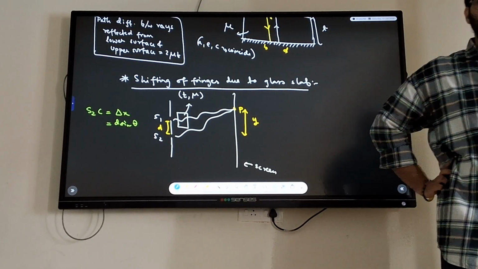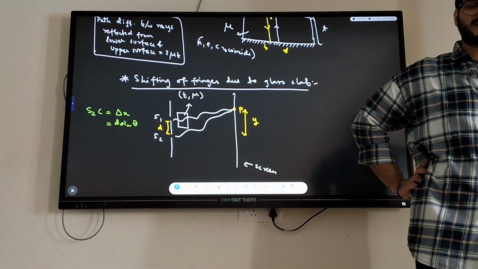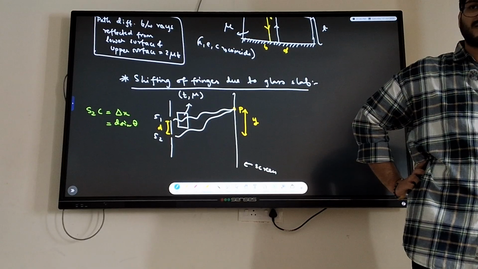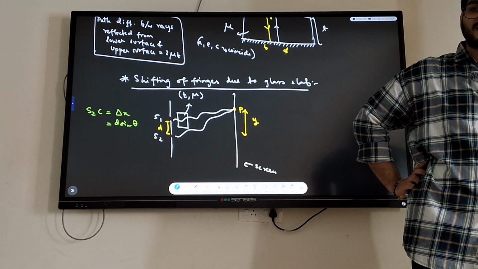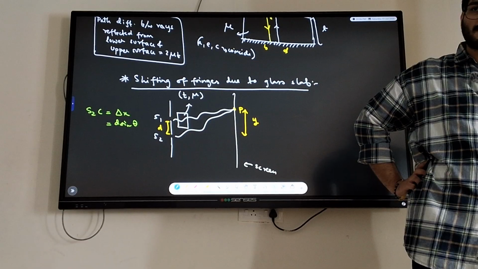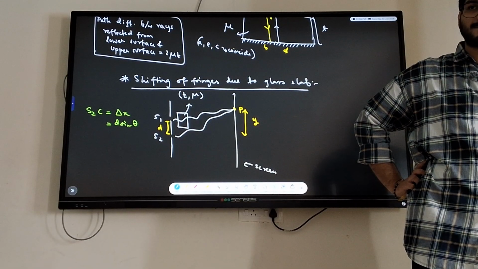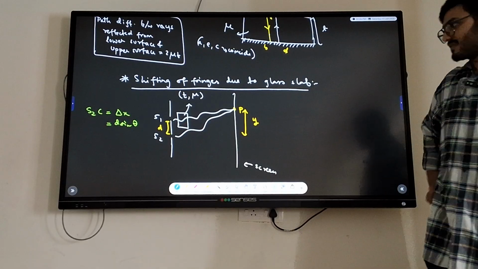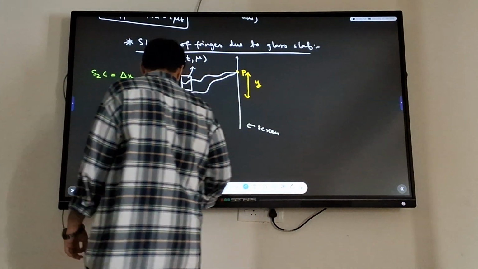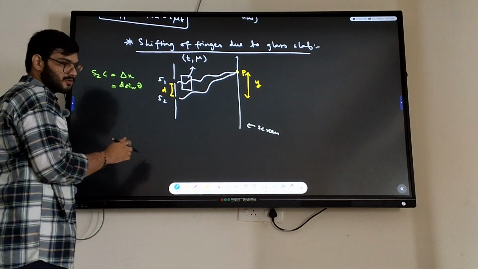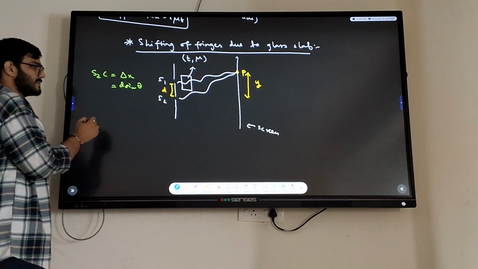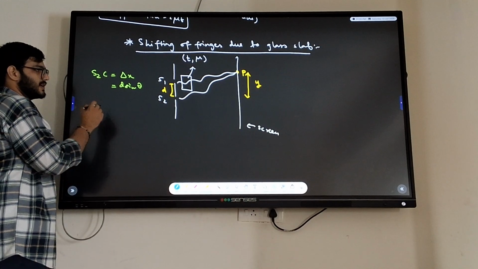He says add. Anybody else? Subtract. Why? Sir, initially it has d sine theta. That means S2 is given by d sine theta. And that is going to the glass slab, so it will cover more distance. Yes. So it's something like this. Let me give a very rough example, but hopefully it delivers.